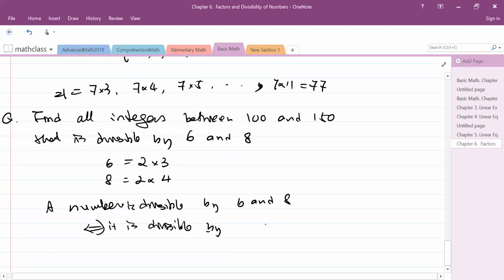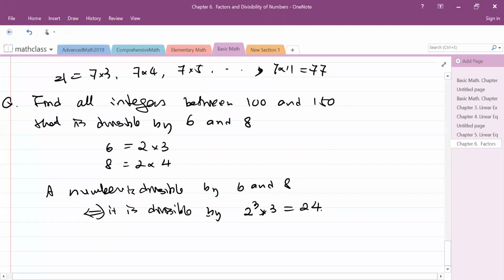It's divisible by 24. It's divisible by 2 cubed times 3. Yeah, you learned that in school already, right? So you just need one number.